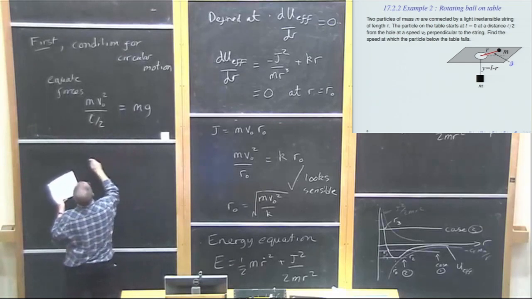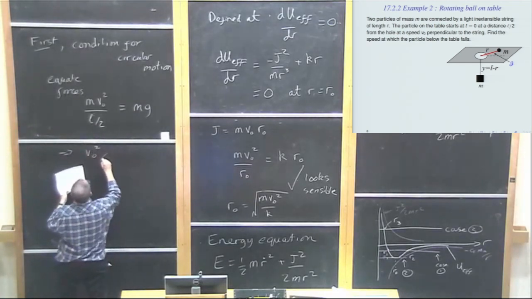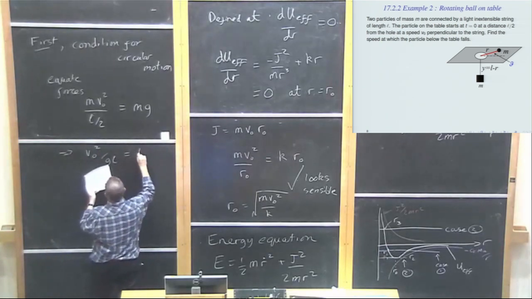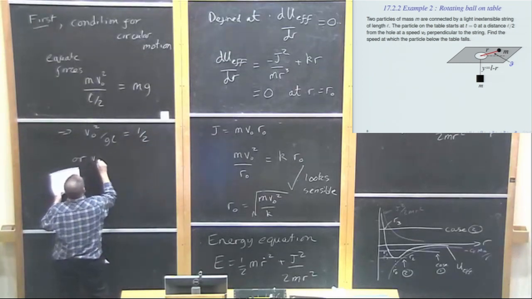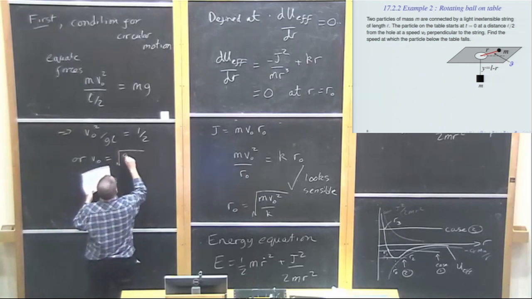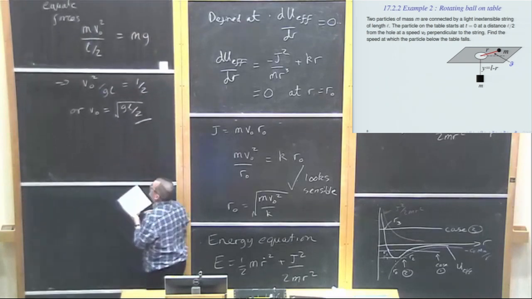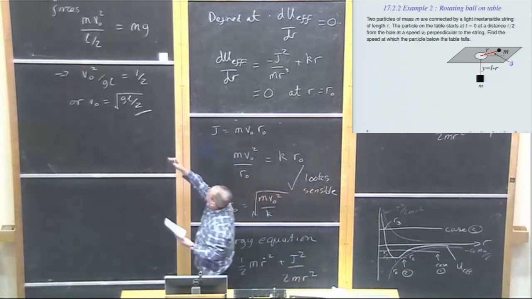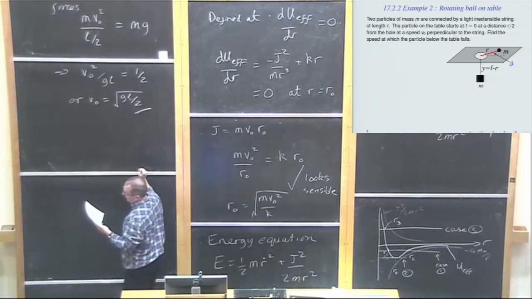So this gives v naught squared over gL equals a half, or v naught equals root gL over 2. Okay, so that's a simple result which you could have got while still at school, but we've just made this analysis. Let's store that result away. We're going to come back to that.